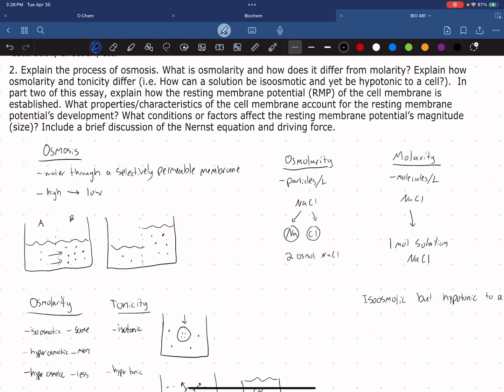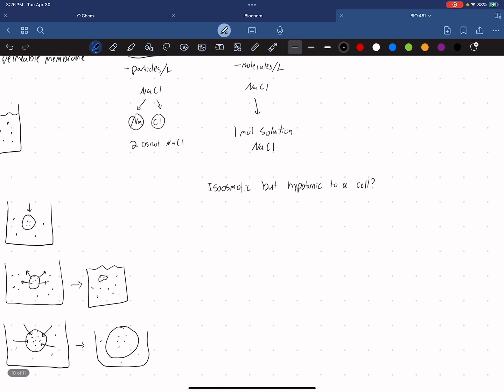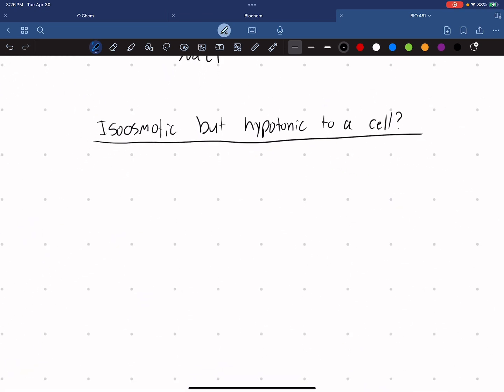Okay, so now to explain a little bit more about osmolarity and tonicity and how they differ, we're going to answer this question: how can a solution be isoosmotic but hypotonic to a cell? And so what I'm going to do to kind of explain this is give the example of urea. And urea is something that is permeable.